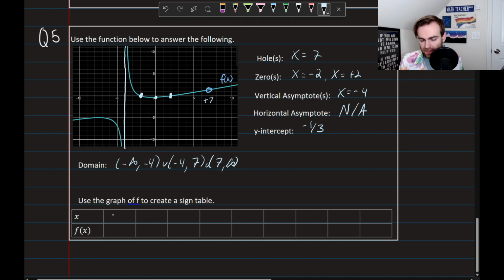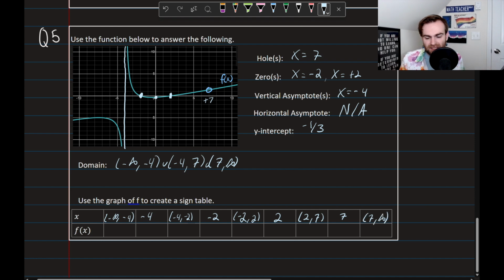So we're going to go negative infinity to negative 4, look at negative 4, go negative 4 to negative 2, see what happens at negative 2, negative 2 to 2, see what happens at 2, 2 to 7, see what happens at 7, and then go from 7 to infinity and see what happens there. Lots of different things to look at.